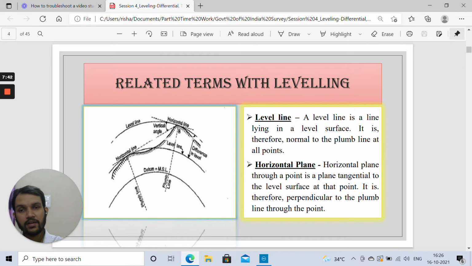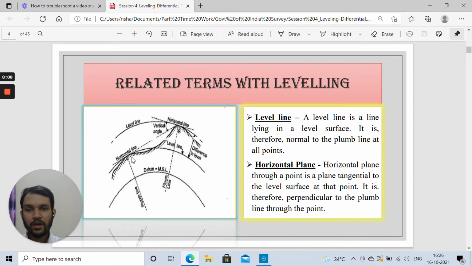Okay, next comes level line. A level line is any line that is drawn on a level surface. Level surface is a complete, three-dimensional surface, and for any particular point we are talking about, the level line is that particular line which is drawn on the level surface, and hence it is normal to the gravitational force acting at a point. Whenever you see the term plumb line, I have shown the plumb line also.